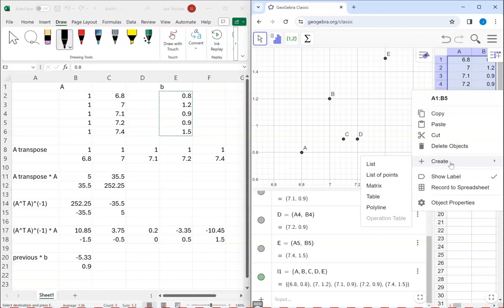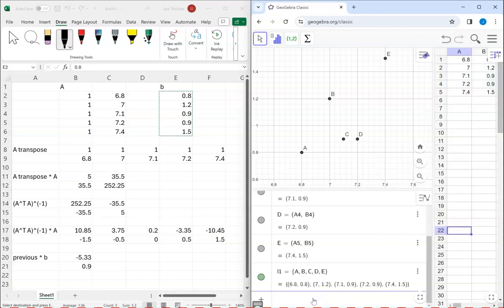Remember that at the very end, what we got was the equation. What was it? It was negative 5.33 plus 0.9 times x. And there we can see the line in there.